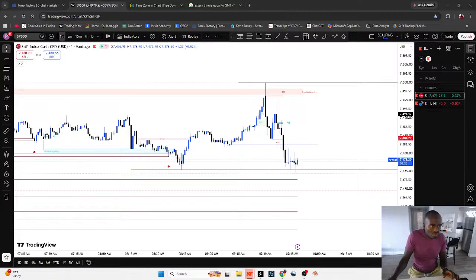All right. I want to see NASDAQ get below midnight open. Let me check out the gaps as well.